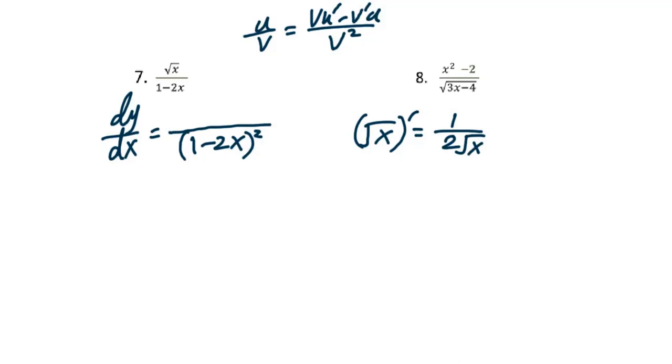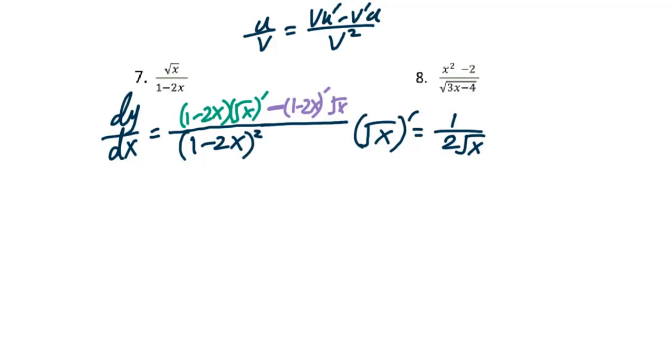Therefore, you will get 1 minus 2x stay, square root of x, we do the derivative. Then subtract. Yeah, here's a subtract. 1 minus 2x, you got to do the derivative, and then square root of x stays.